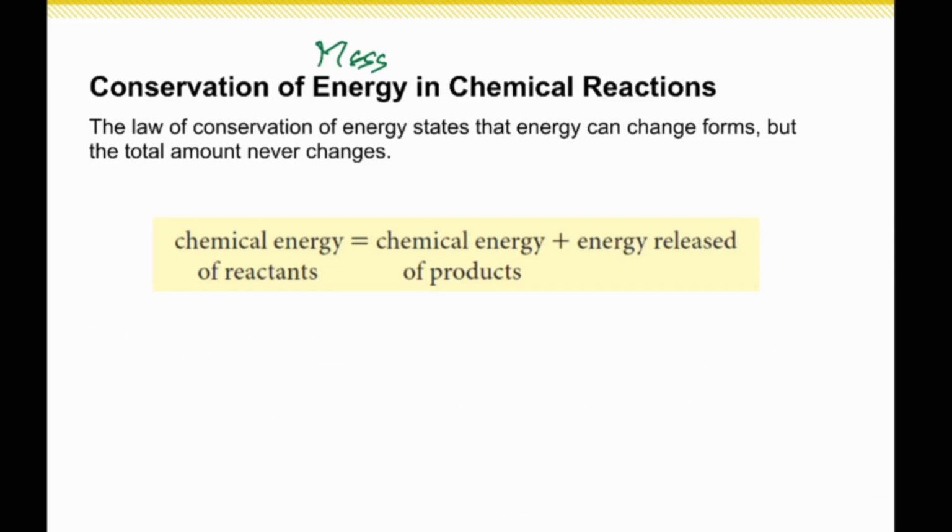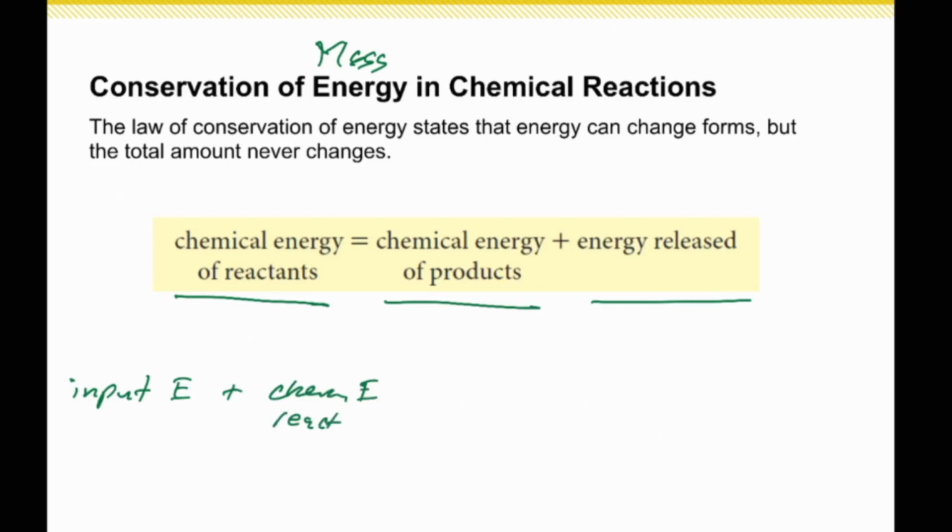So the chemical energy of all the reactants is going to be equal to the chemical energy of all the products plus any energy that was released. And you could also put it this way: the input energy plus the chemical energy of the reactants is equal to the chemical energy of the products.